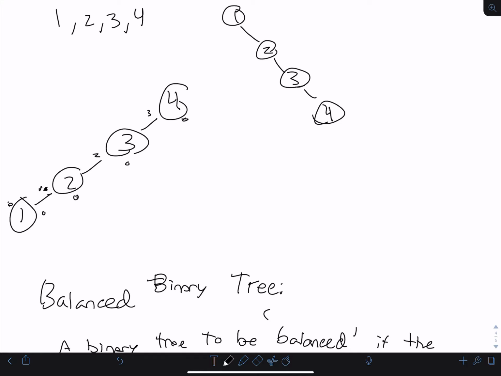And then if you have one node on top of each other, so if you have something like this, well, that's not really sorted, but it doesn't really matter actually. Then we can say that this tree has a height of 1 on the right subtree, and the left subtree has a height of 0.